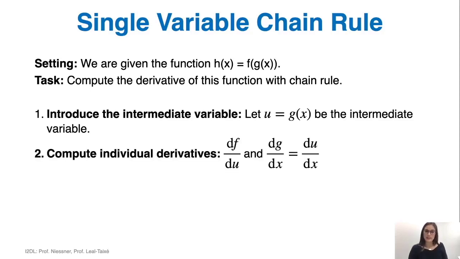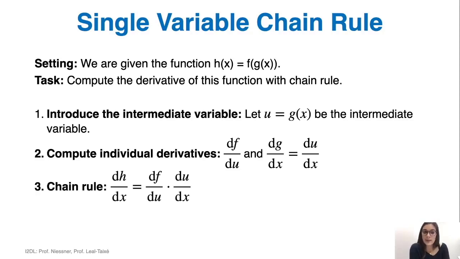And the second step is now that we have to derive two derivatives. Namely, the first one is the derivative of our function f with respect to our intermediate variable u. And the second one is the derivative of our function g with respect to our variable x. And you can also call it the derivative of our variable u with respect to our variable x.